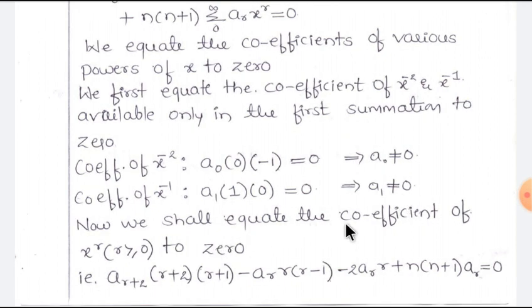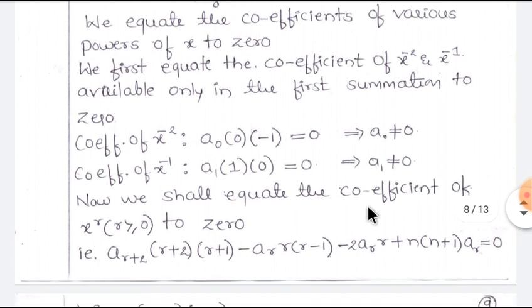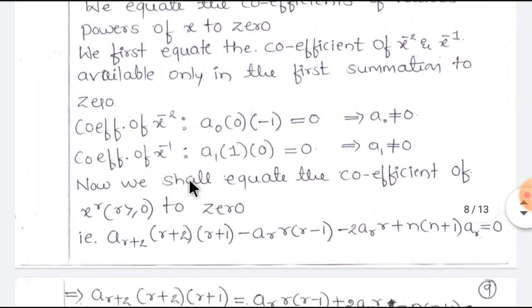Now we shall equate. If r is equal to 0, we got a0 is not equal to 0. If r is equal to 1, a1 is not equal to 0. Now we shall equate the coefficient of, in general, take x to the power r, if r is greater than or equal to 0, to 0.